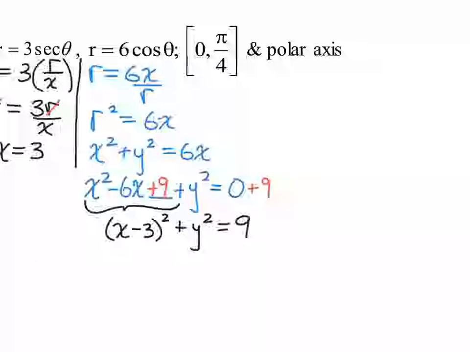And I have to add it to both sides to make it a balanced equation. If you know the standard form of a circle, this is a circle equation. Center at 3, 0, and a radius equal to 3.